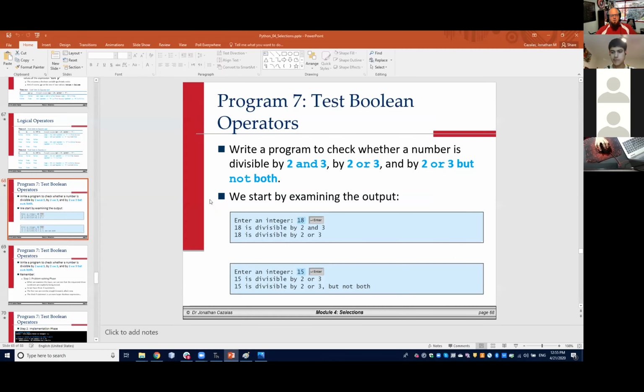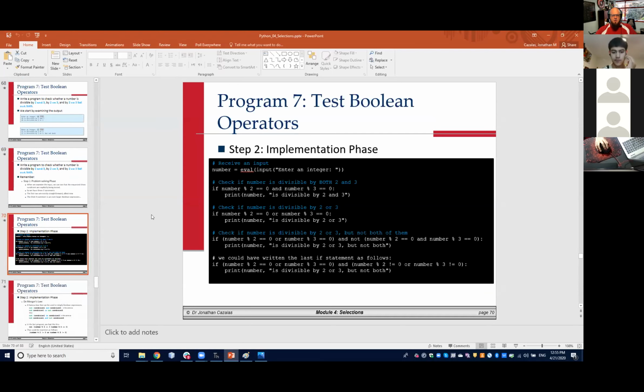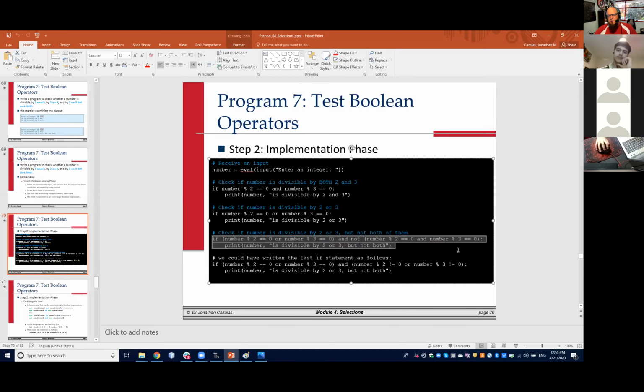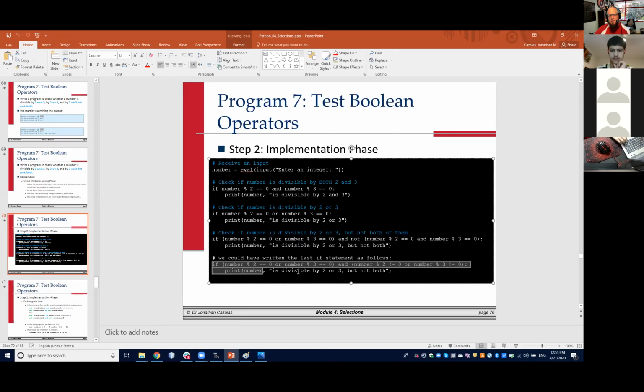So let's move on to the next one. This is the solution that I put online. So what did we have here? Notice that last statement, this is how your group wrote it, Ibrahim. And it could have also been written this way.